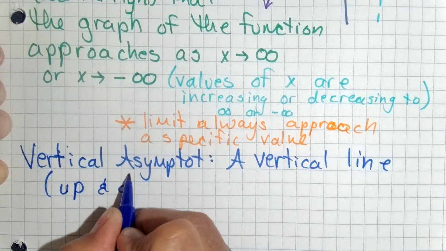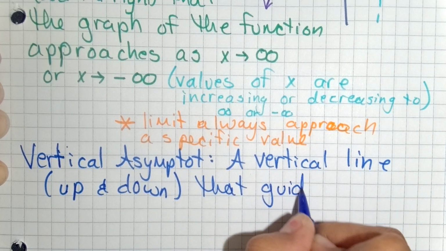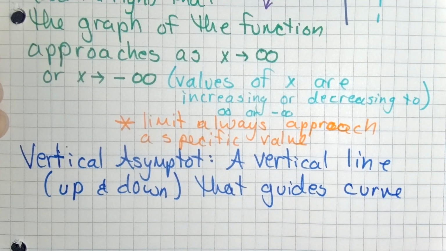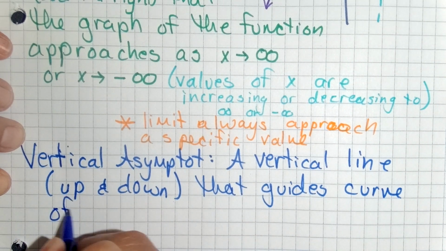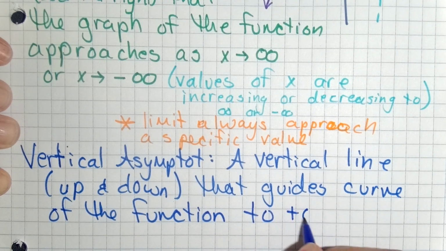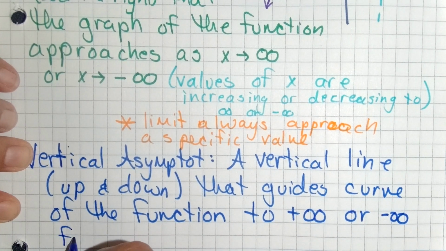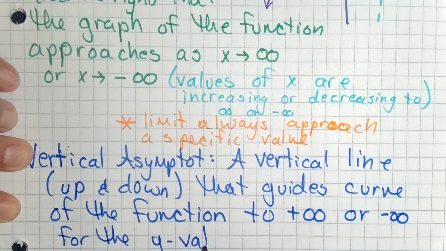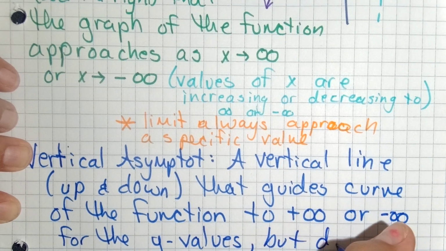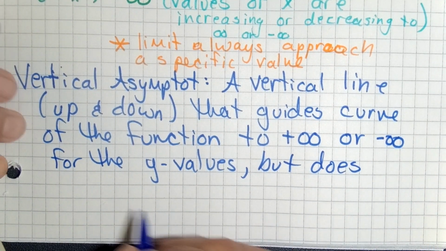It is a line that goes up and down that guides the curve of the function to positive infinity or negative infinity, but in the y value, but does not cross it or hit it.